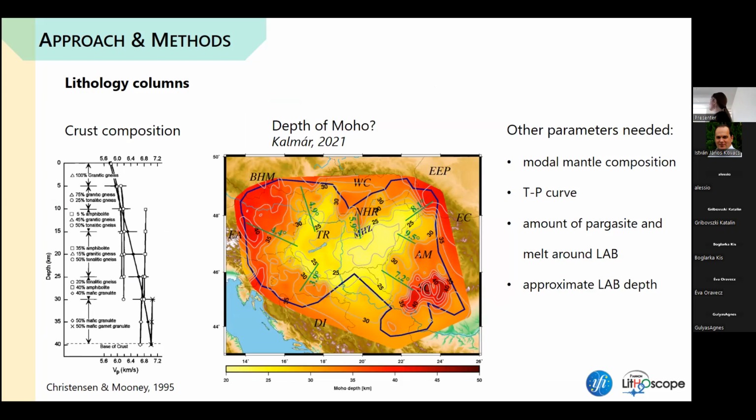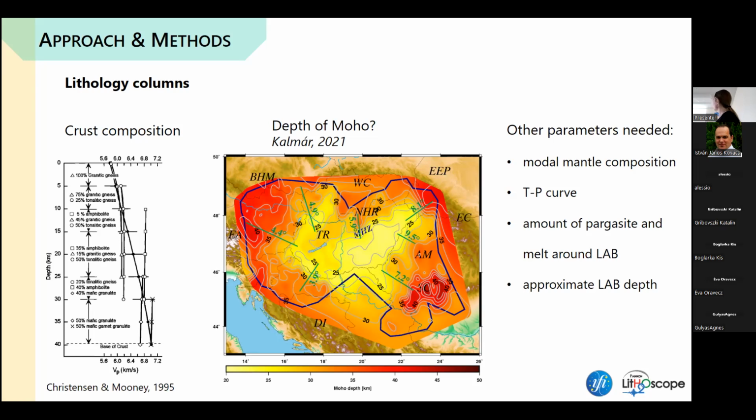We just took a general compositional model of Christensen and Mooney, which is generally applicable, going from granitic gneiss composition to garnet granulite around the base of the crust. And we also need to know the depth of the MOHO. We know that also from the recent results of Dani that he just showed a couple of minutes ago.